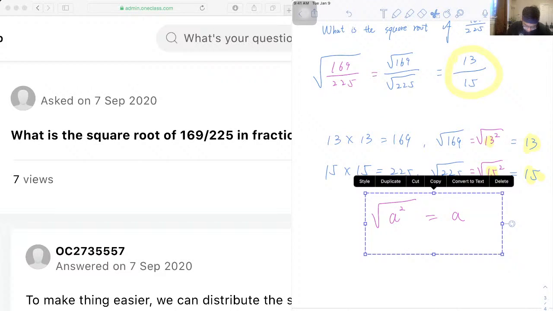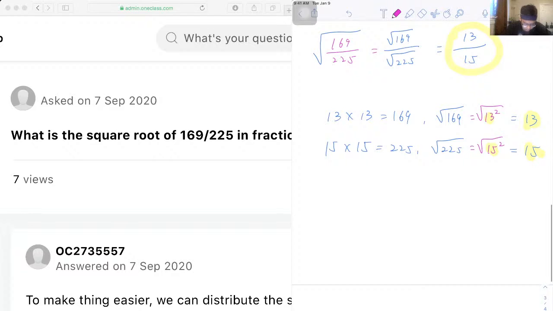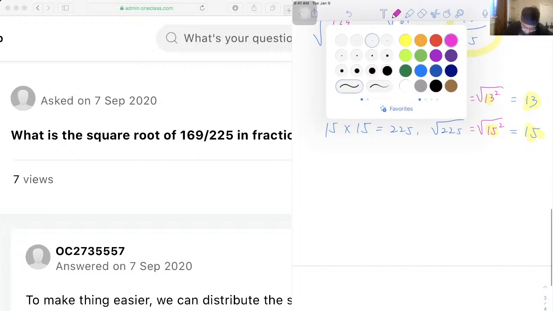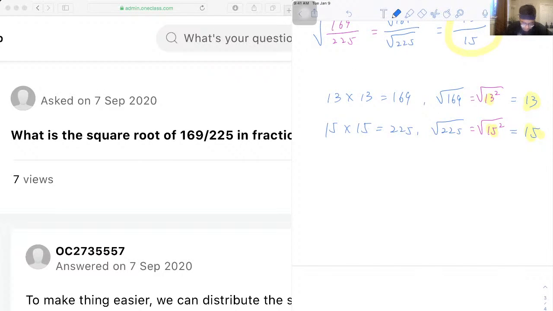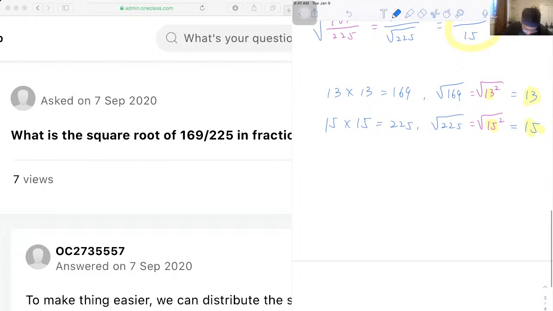I'll just write a couple more perfect squares to help you identify what perfect squares are and what their square roots are when you come across this type of question in the future.